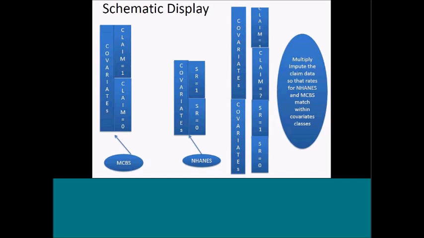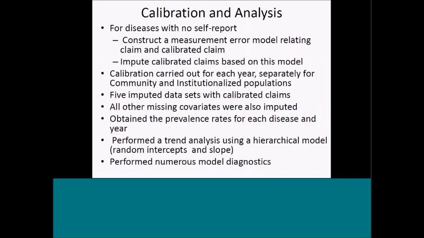So the NHANES rate and the imputed MCBS rate should be similar. They won't be exactly the same because there's a sampling error, but they should be as close as possible. That's the condition we are imposing in the imputation process. And this is what we are doing for all 107 health conditions, where we are calibrating them to the self-report as much as possible.